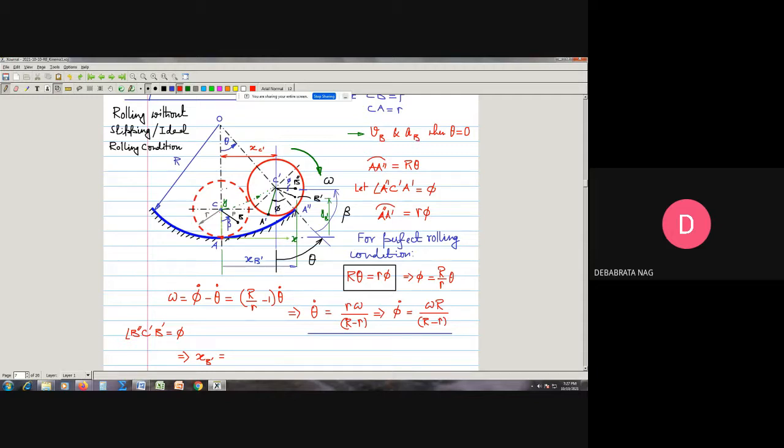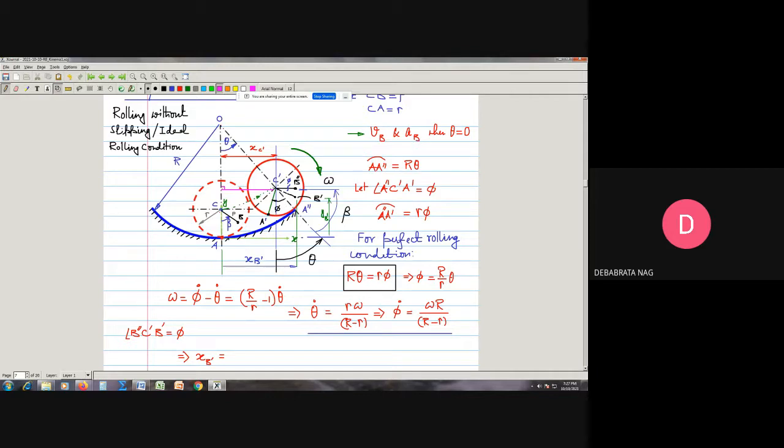If you drop a perpendicular from C dash onto this line, so if we draw a perpendicular like this, let me draw it with a different color so that we can understand it. You see that this perpendicular is going to give us the value of XC dash. And how much will that value be?